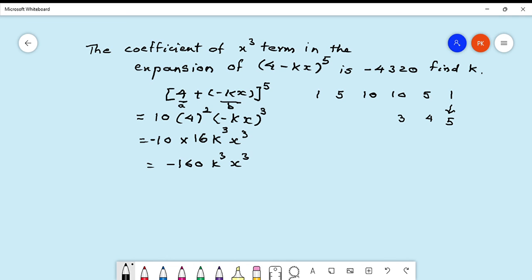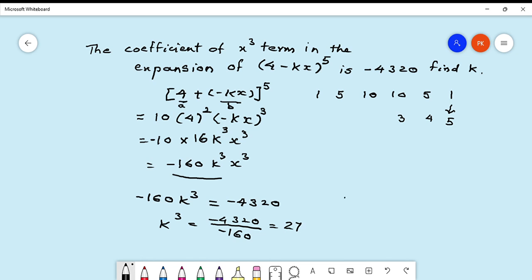The coefficient of this is negative 160 k cube, and that is negative 4320. So if you solve this, you get k cube as negative 4320 upon negative 160, which gives you 27.